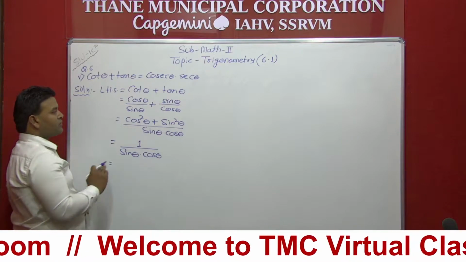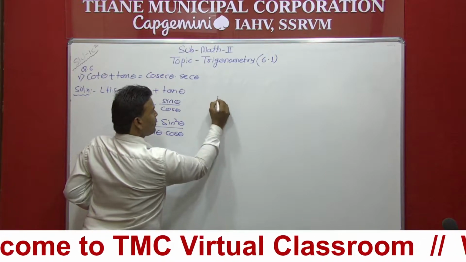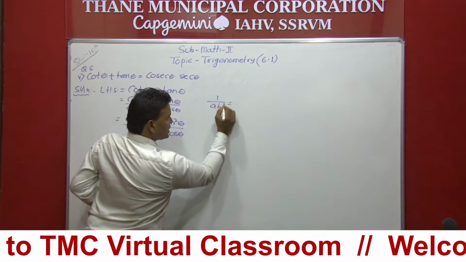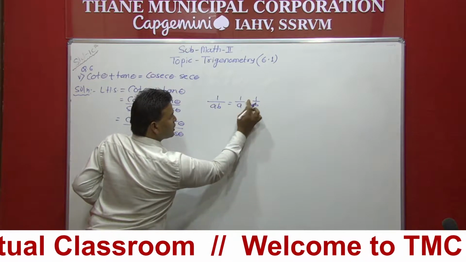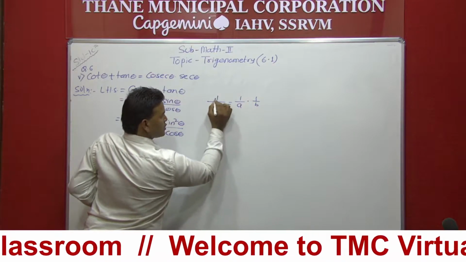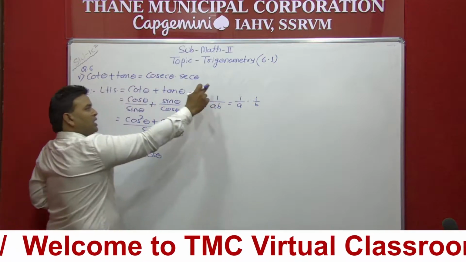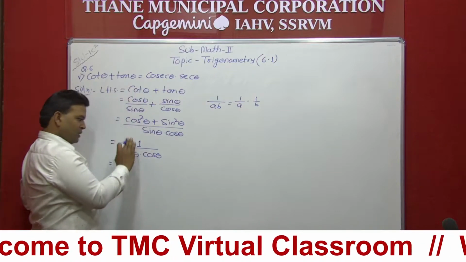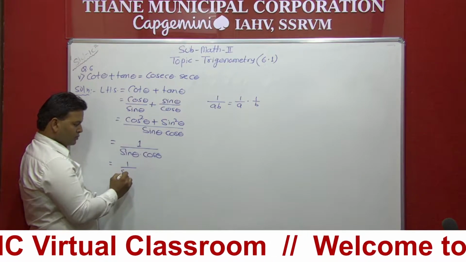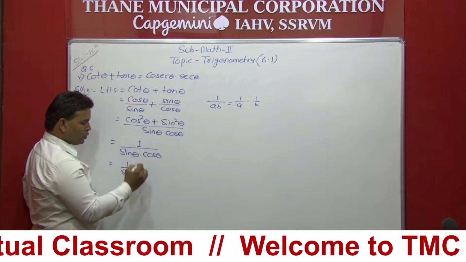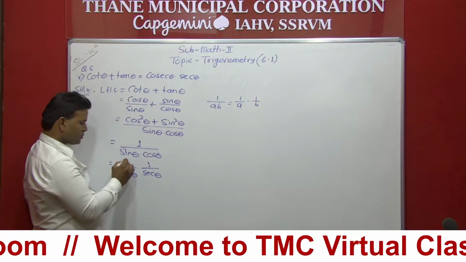Now see, just for the sake of convenience, I will tell you one basic thing. Suppose 1 upon AB is given. This can be written as 1 upon A into 1 upon B, or instead of the multiplication sign we can apply the dot. So 1 gets multiplied, we get 1, and A into B is AB. Similarly here we have a multiplication, so I will take 1 upon sine theta into 1 upon cos theta.